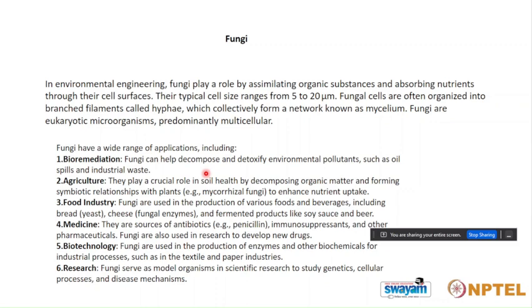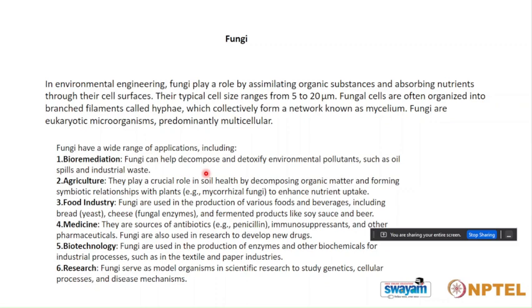Mycorrhizal fungi grow near the roots of plants. They facilitate the uptake of nutrients by converting organic matter into utilizable form. These fungi also have a symbiotic relationship with different plants. In this way fungi help in agriculture.